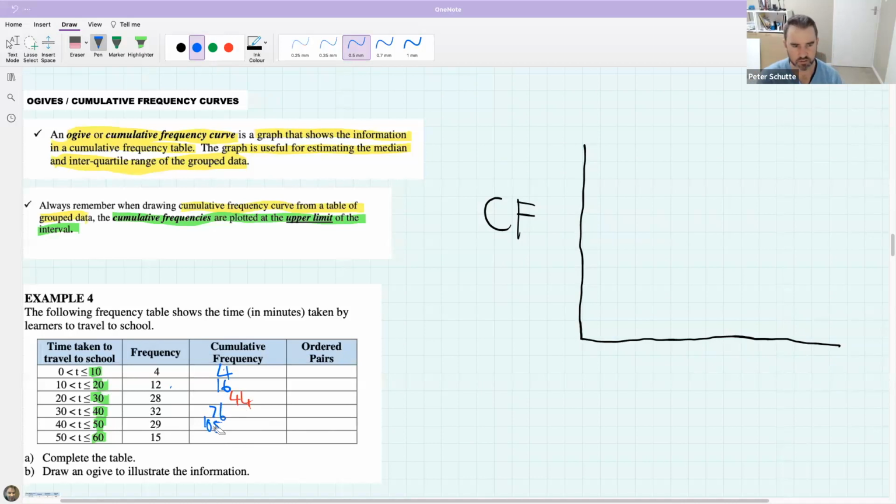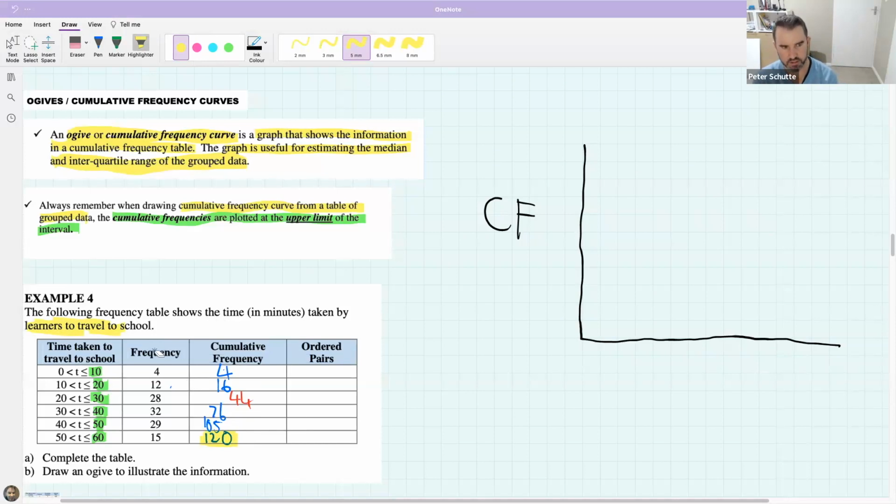And then what is this going to be? That is going to be 120. So what that means is in total, there were 120 learners. So this question is about learners. There were 120 learners in total in the data set.